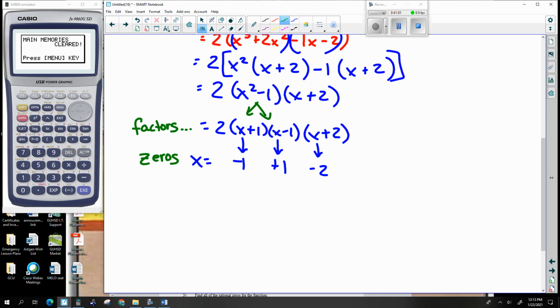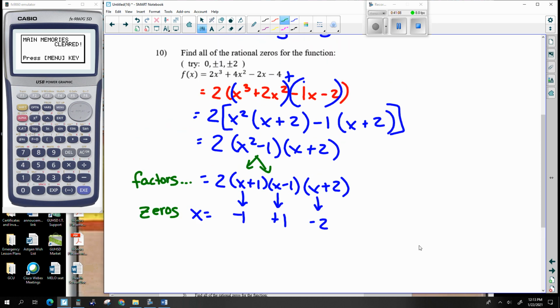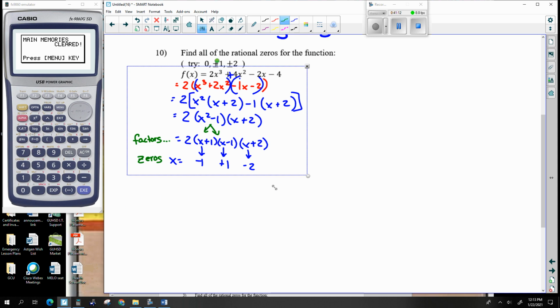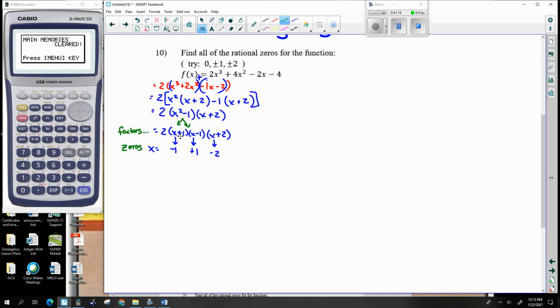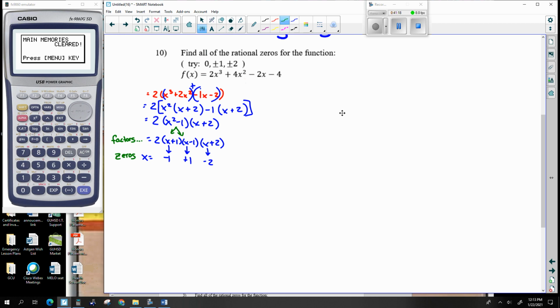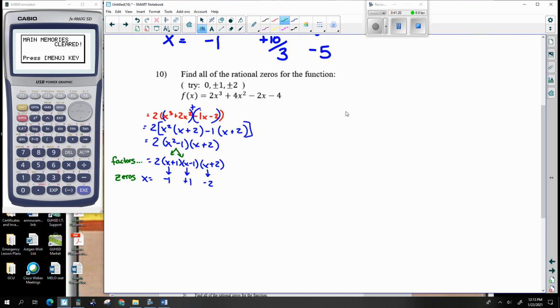All right. Now, if you didn't see that, or you're not as quick on the uptake as you would maybe like to be, this is absolutely doable with the methods that we have been doing. Say you didn't see this stuff.